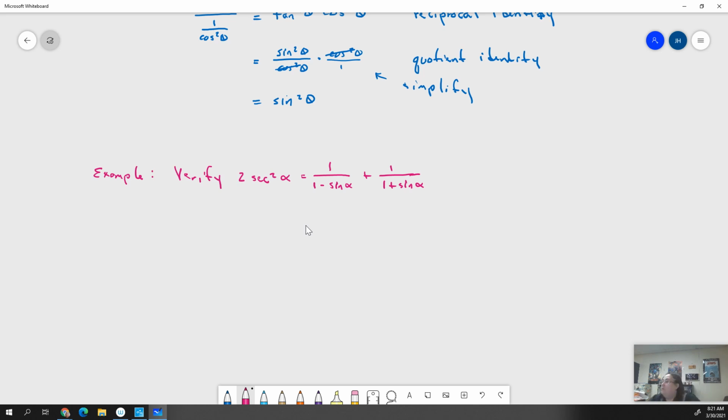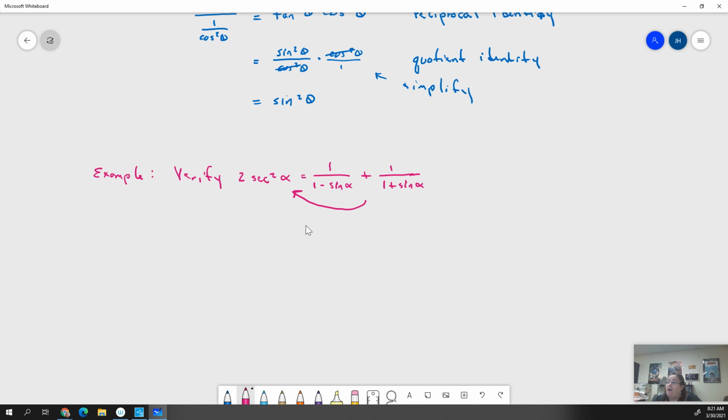So what we have here is an addition of fractions. This is my more complicated side, so I'm going to use this one to prove the other. It's an equality, so it doesn't matter if I work the left or the right. And if you remember, it always says choose the more complicated one. Well, 2 secant squared alpha is nice and simple.